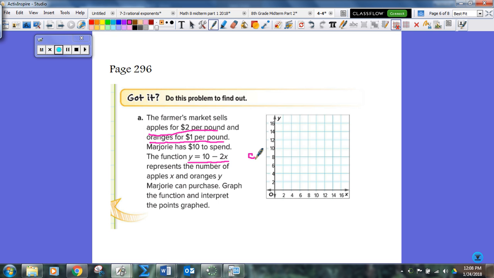So this is my oranges. These are my apples. Marjorie can purchase. Graph. Now I want to point out that it's pound. Okay? I measure pounds.